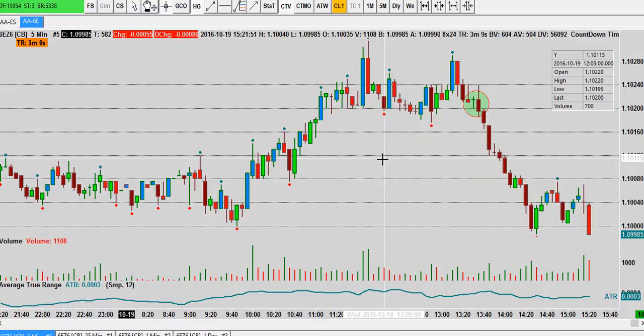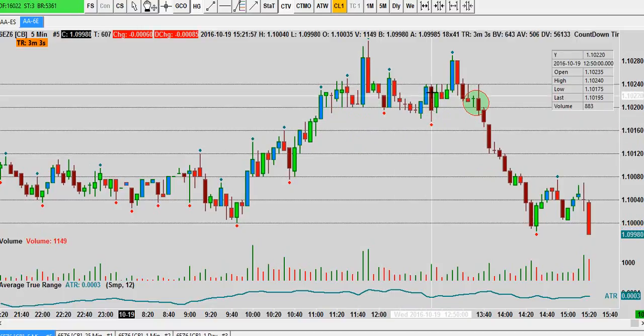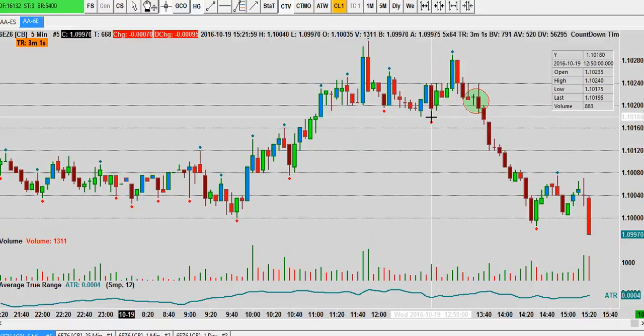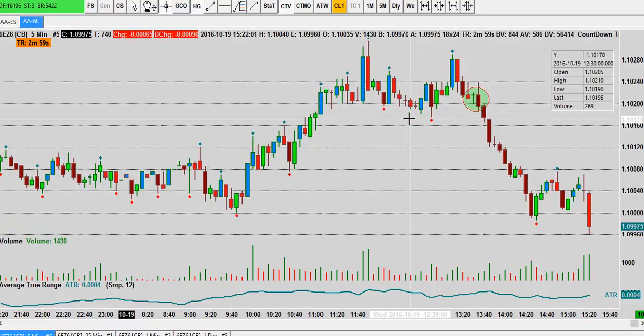So our plan is to trade one tick below the low of this bar here, with a stop loss either 4 ticks above this potential high pivot or 4 ticks above this high pivot that has already been completed.